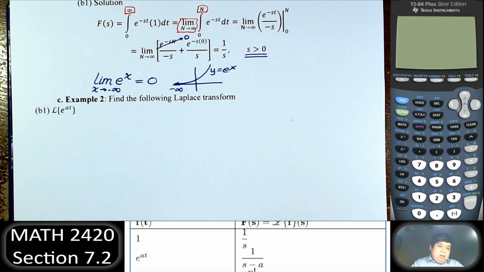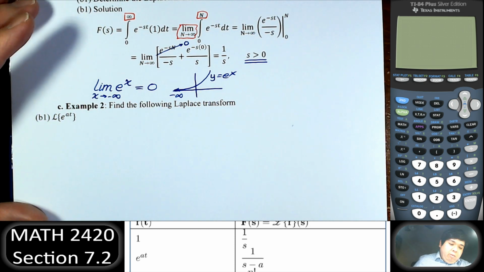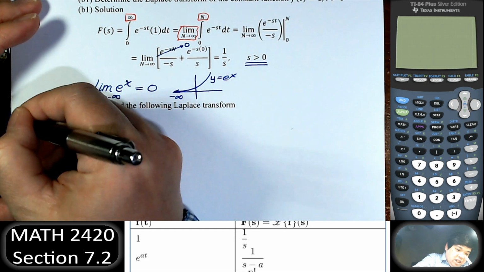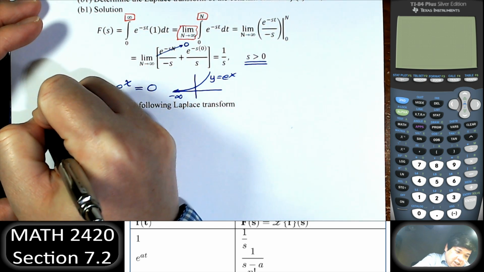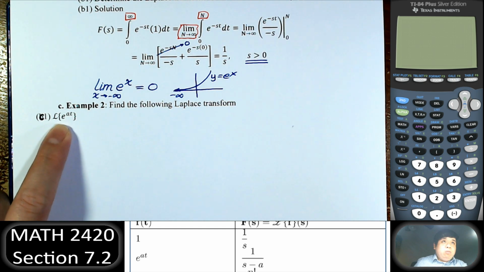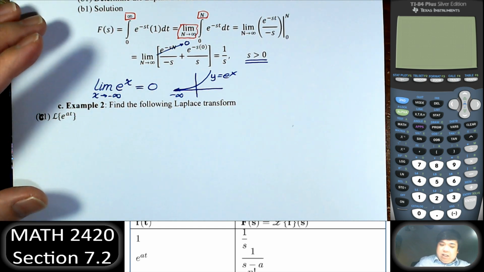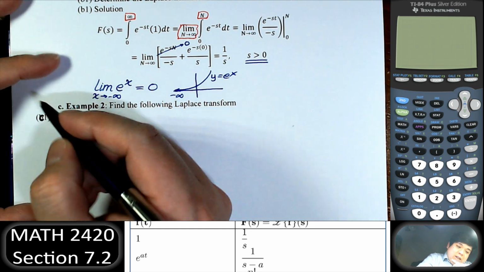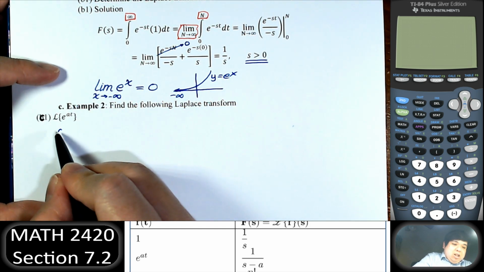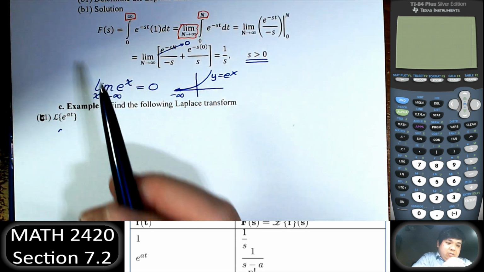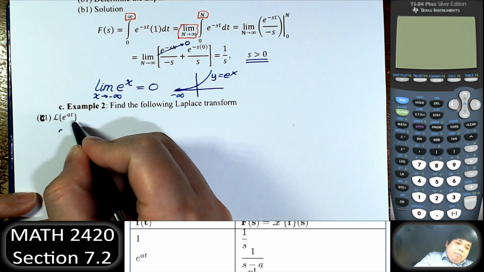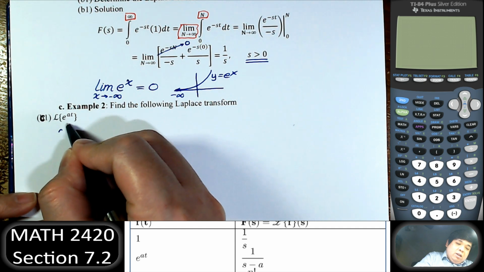Right, now let's find the Laplace transform for this function. By the way, this should be C1. Find the Laplace transform of e to the at. First I will write out the Laplace transform. By the way, this should be the script L. This is the notation we write for the Laplace transform of a function.